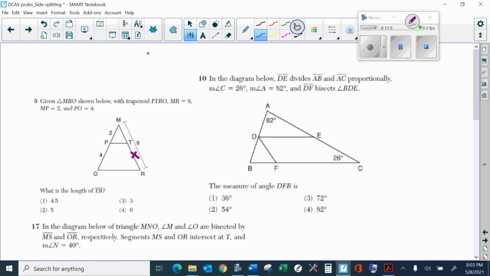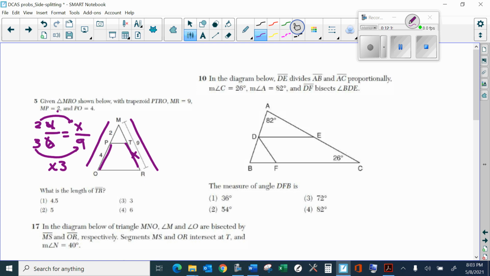I'm going to have to use that corresponding piece there and the whole length with its corresponding whole length. So 4 over its whole length, 6, equals x over its whole length, 9. Now I can reduce this down to 2/3. Nice. 3 times 3 is 9, so therefore 2 times 3 is 6.